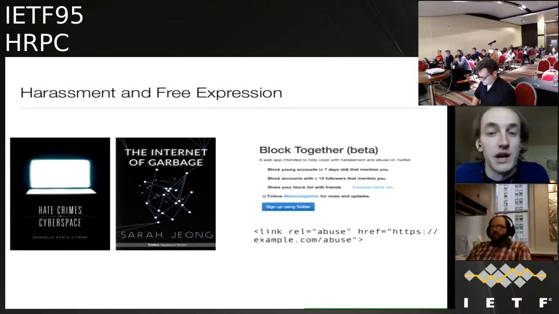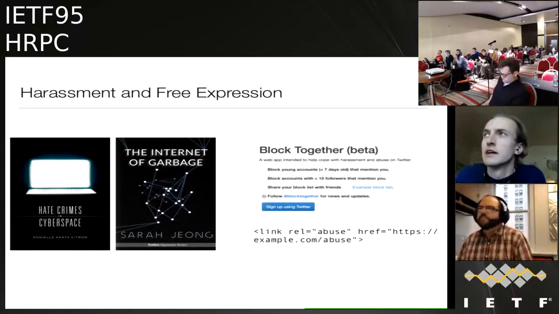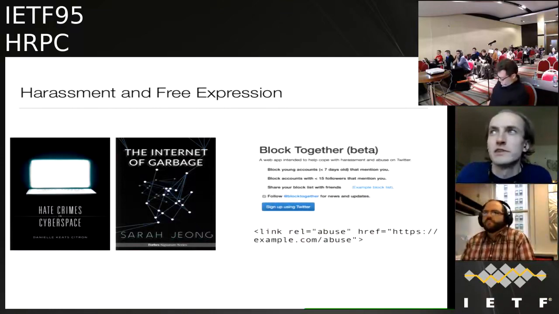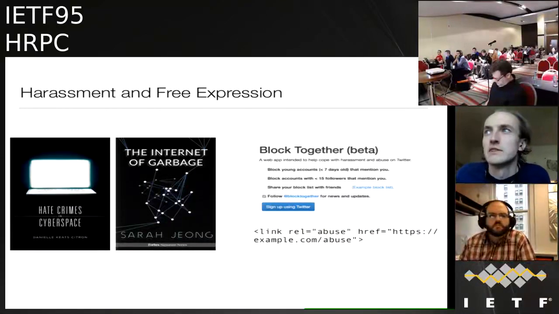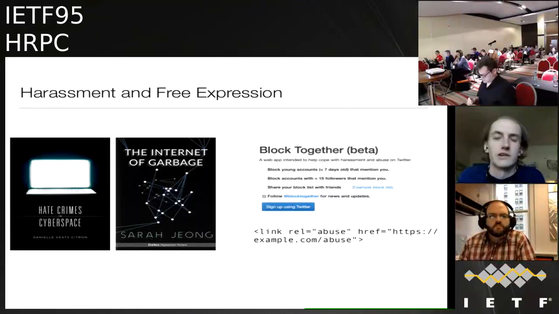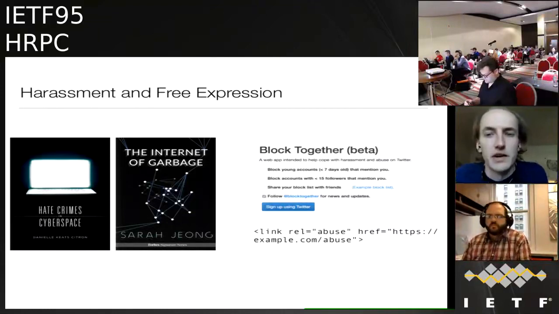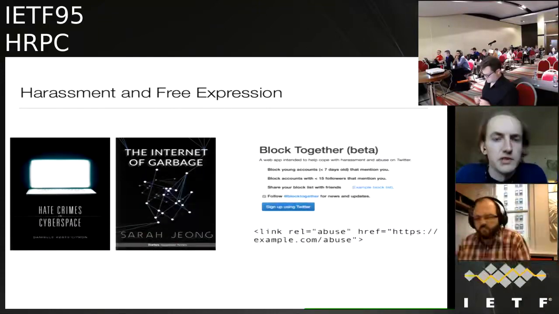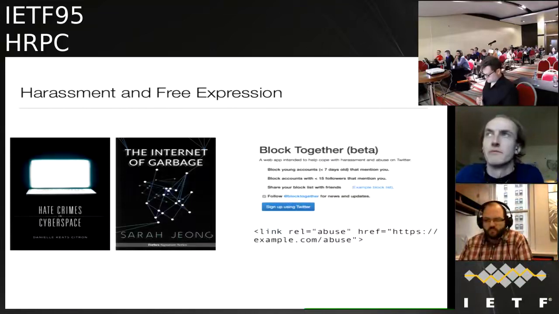One example might be Block Together. The concept of shared block lists might be a way to improve responding, filtering, blocking harassment without everyone having to handle it individually.